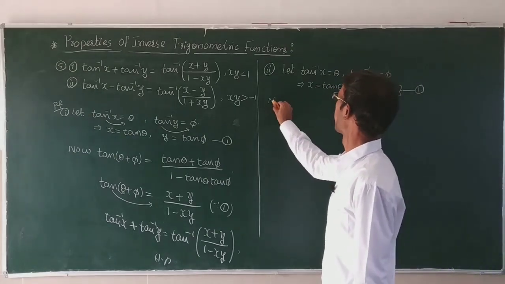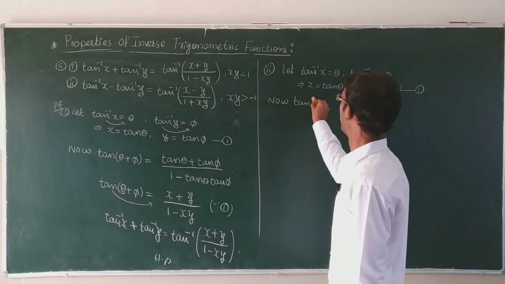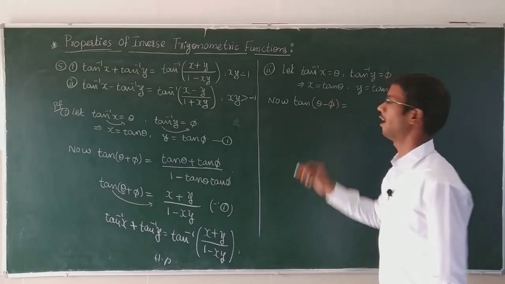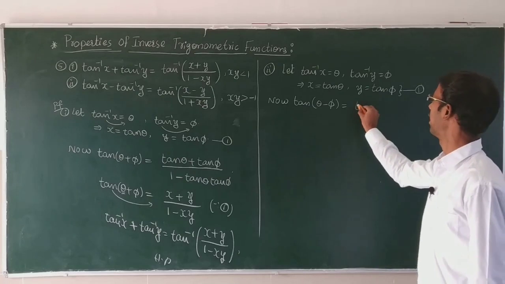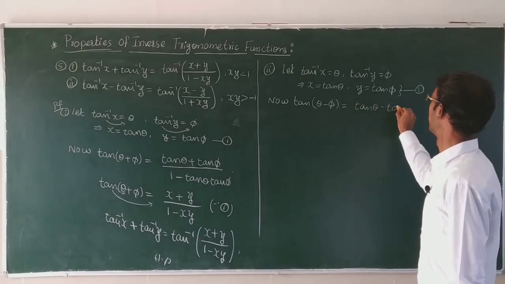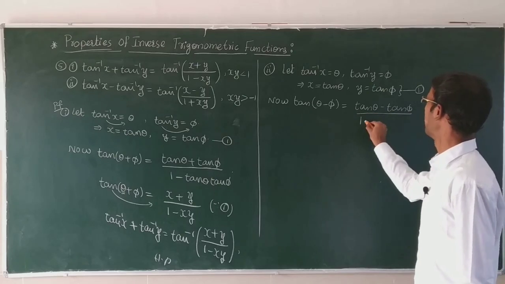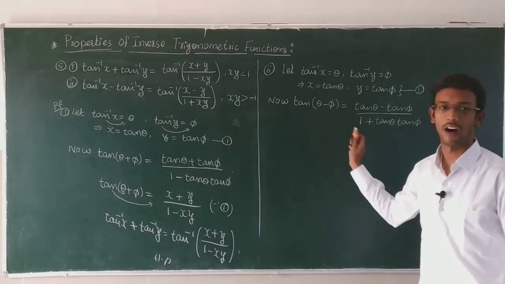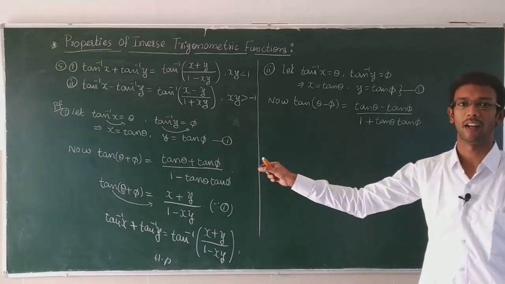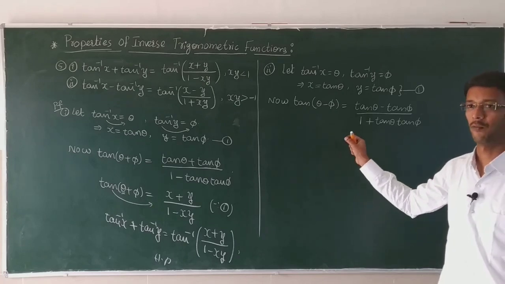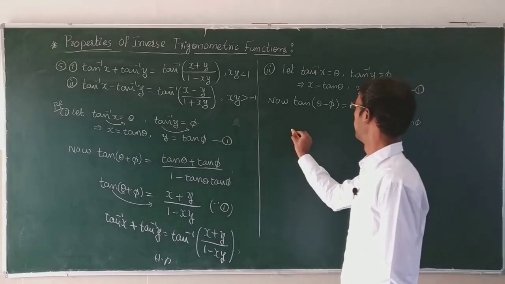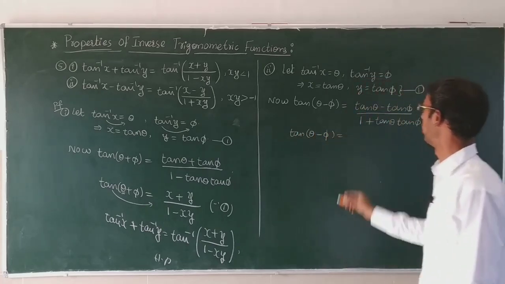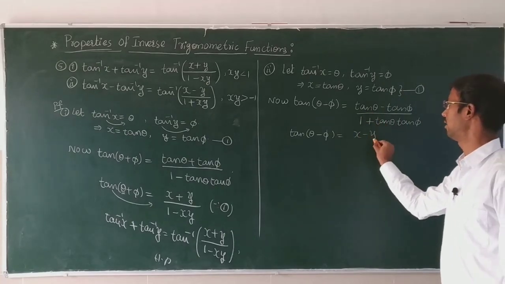Now, since the negative sign is there, we take theta minus phi. The tan of a minus b formula will apply here: tan theta minus tan phi by 1 plus tan theta tan phi. These formulas are basic trigonometry we already discussed. Now tan of theta minus phi is equal to (x minus y) by (1 plus xy), where tan theta is x and tan phi is y.